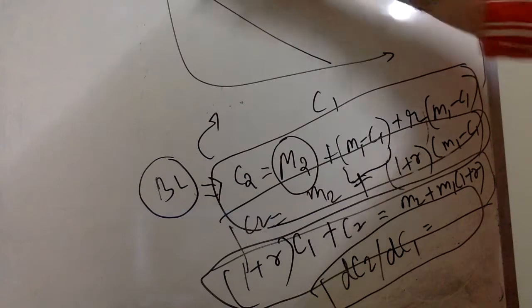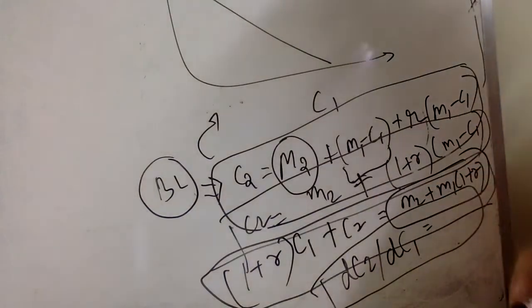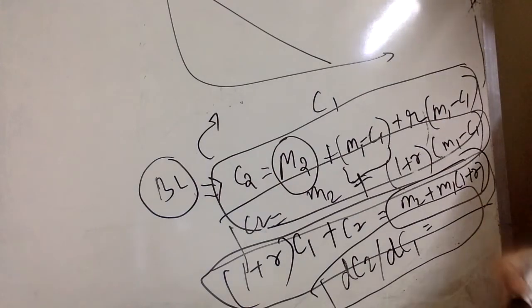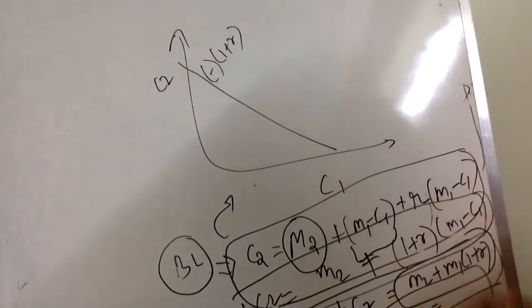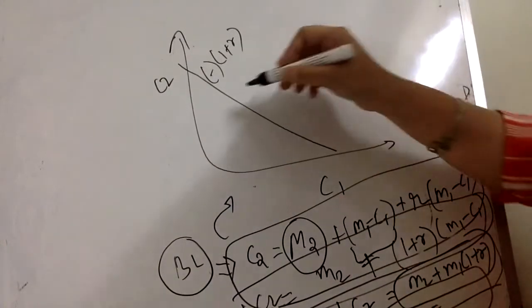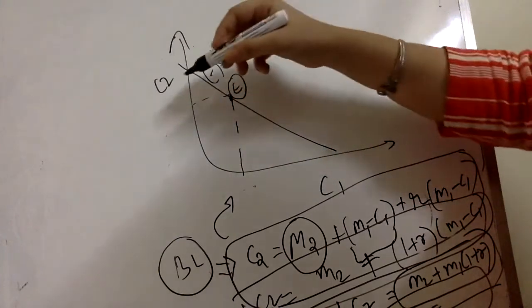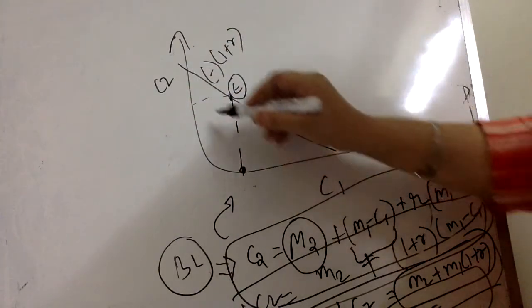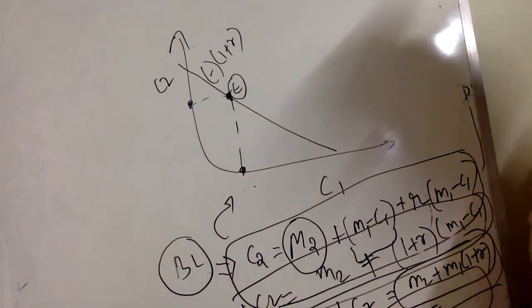The income here is constant, so it's not changing, and therefore we have a downward sloping curve. This becomes my budget constraint, and suppose this is my endowment, so at this point my endowment is lying.